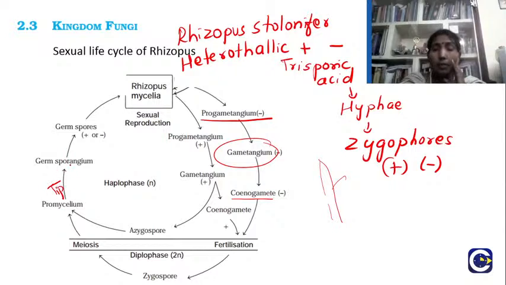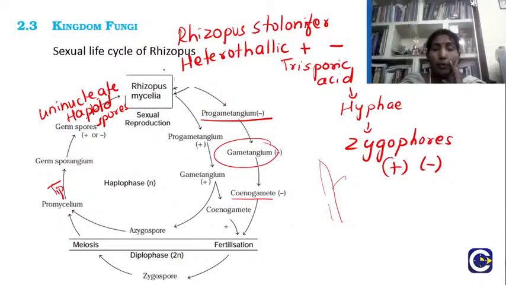From the germ mycelium develop uninucleate haploid spores. They are the haploid germ spores.